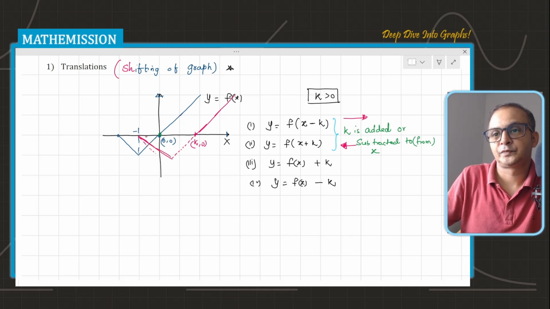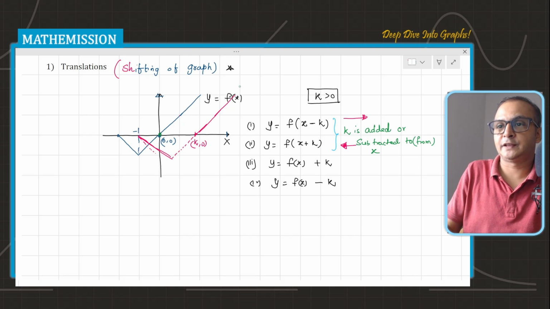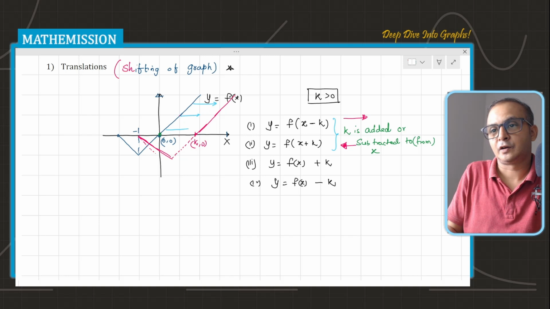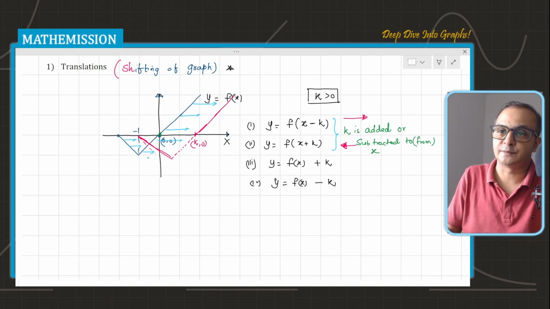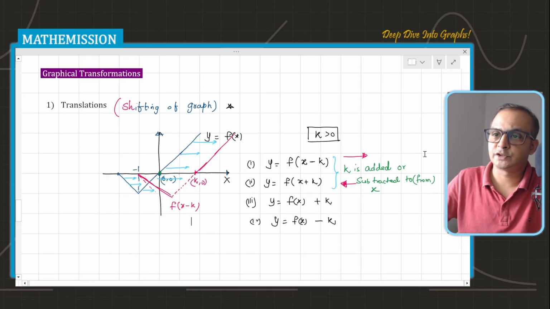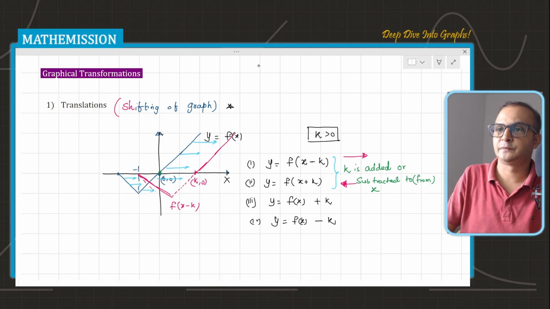What you are observing is that each piece of the graph, or each point of the graph, will be shifted k unit ahead, and this is f of x minus k. So the red graph I have drawn is f of x minus k. This was the k unit rightward shift.